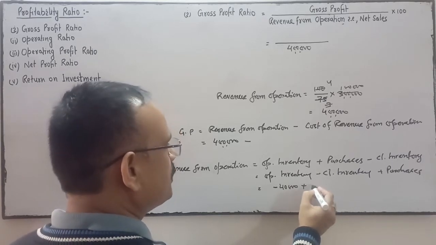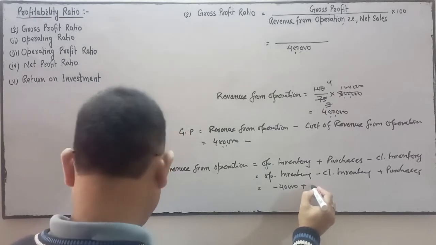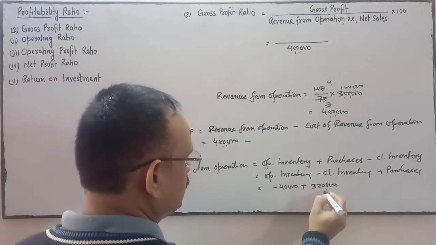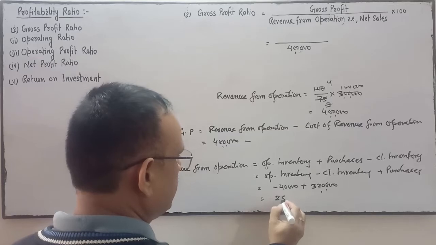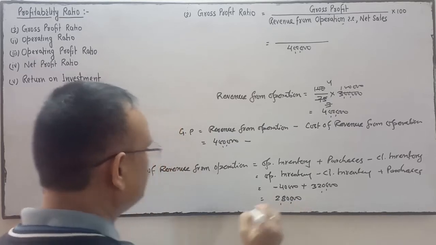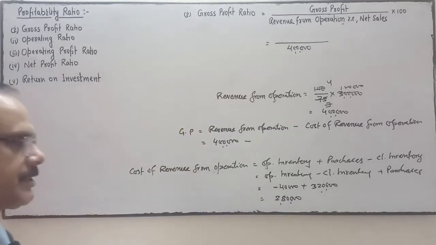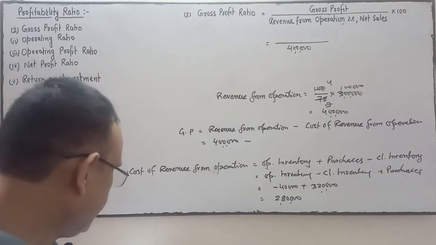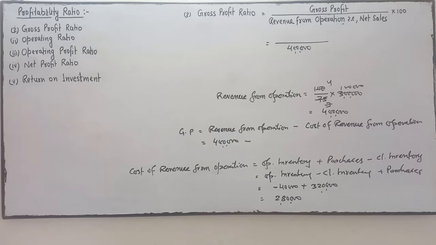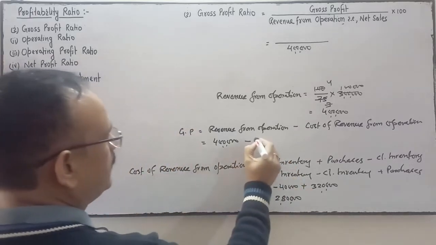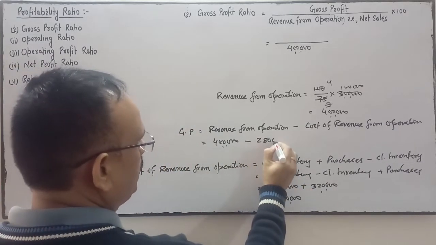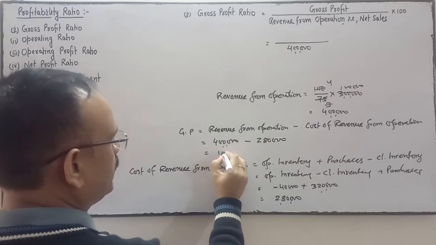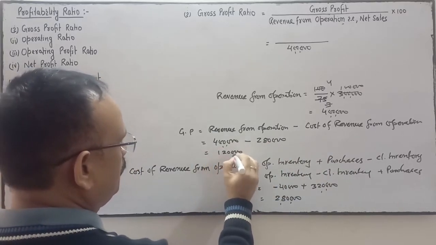And purchase information is 3,20,000. So it is 2,80,000 is the cost of revenue from operation. You write the cost of revenue from operation over here, and the difference is 1,20,000, the gross profit.